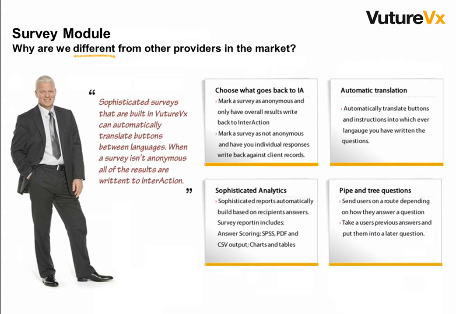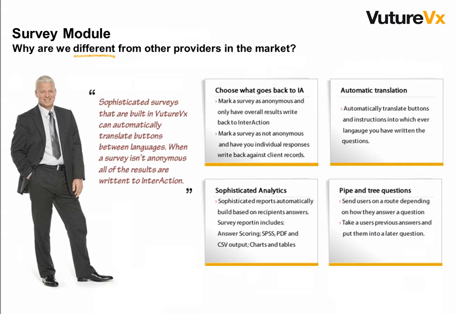For something like a survey, of course there are buttons and instructions. VX can be set to automatically translate those buttons and instructions into whichever language you've written the questions. In terms of what goes back into InterAction, you can mark a survey as anonymous, so it won't write the results back against an individual in IA.